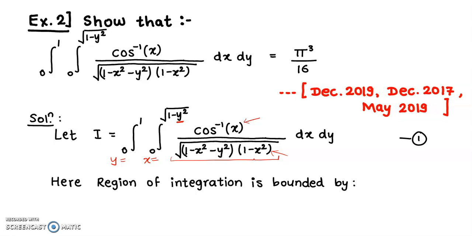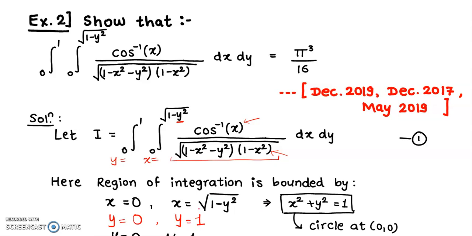Now we identify the range of integration, where the region of integration is bounded by x is equal to 0, x is equal to square root of 1 minus y square, y is equal to 0 and y equal to 1. If we simplify x square, we get x square plus y square equal to 1, which is a circle whose center is at origin and radius equal to 1.